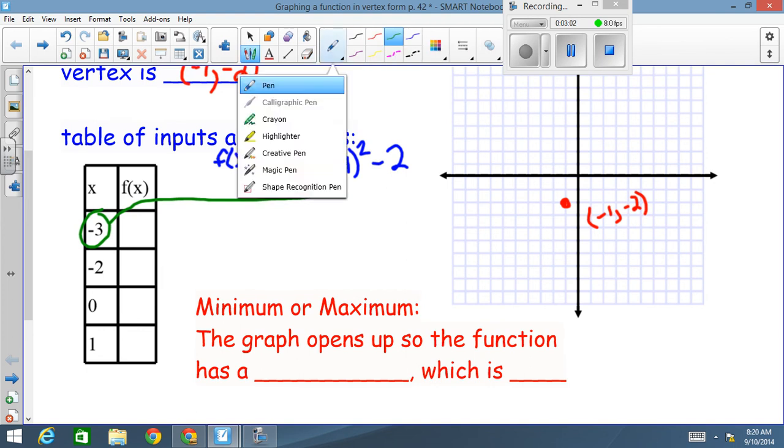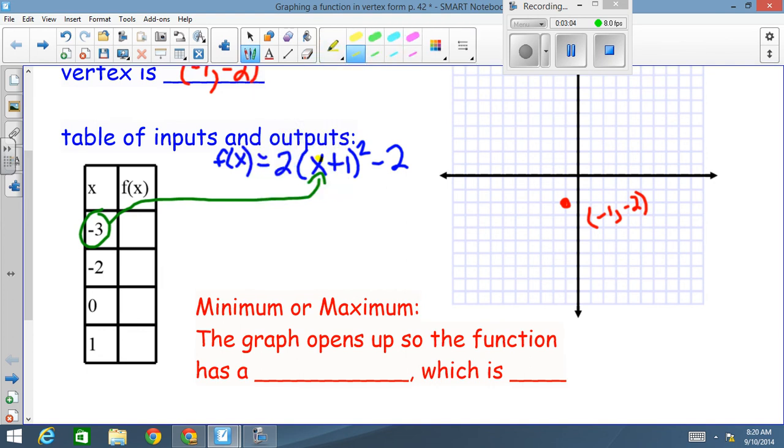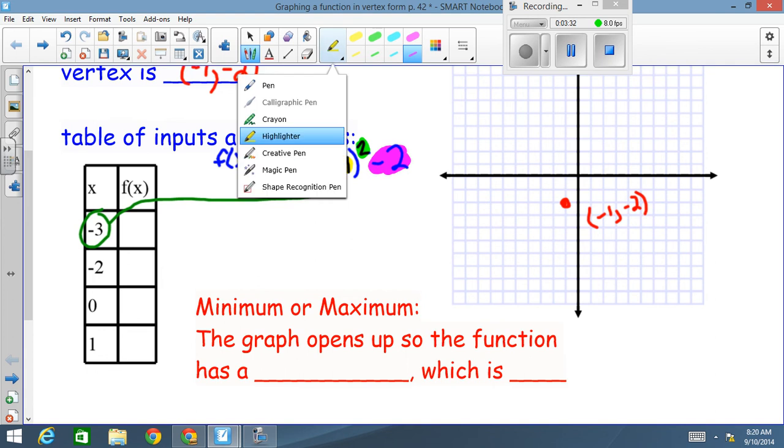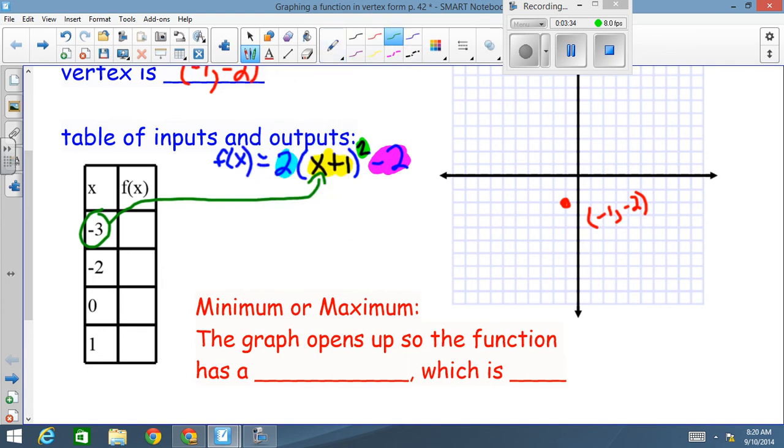So my parentheses in here is -3 plus 1, which is a -2. Then I go to my exponent. -2 squared is a +4. Then I multiply. 4 times 2 is 8. Then I subtract. 8 minus 2 is 6. So when my input is -3, my output is 6.